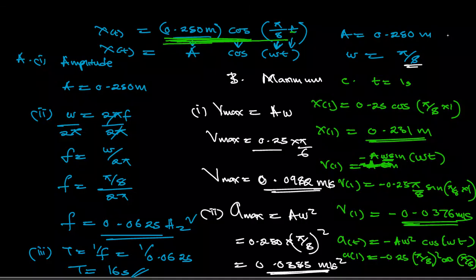Even when we multiply by 1, we still have pi over 8 there. So acceleration at t equal to 1 is going to be equal to negative 0.0356 meters per second squared. So this is what you are going to get.